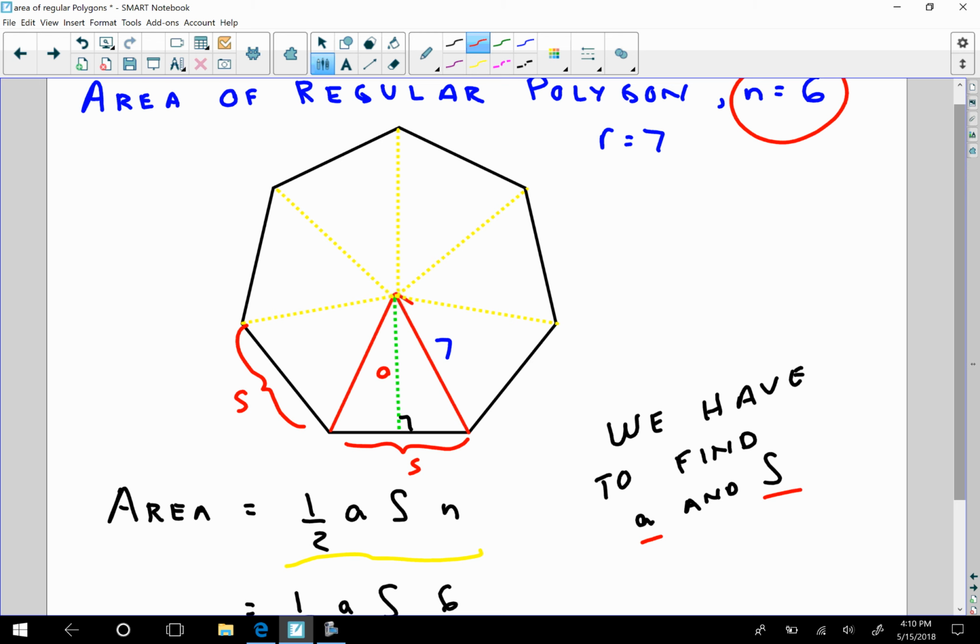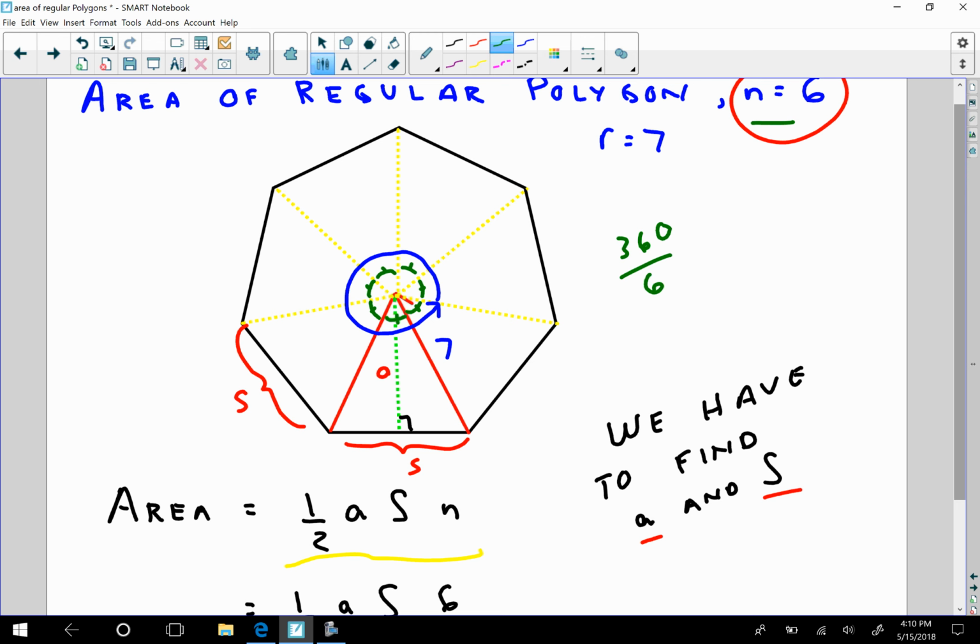Hopefully you have noticed that I have not circumscribed a circle, but I do know that, do I not, that if I start anywhere and I go all the way around, all of those angles add up to 360, and all of these angles are congruent. So if I want the measure of one angle, I simply take 360 and divide it by the number of triangles, in this case, 6.